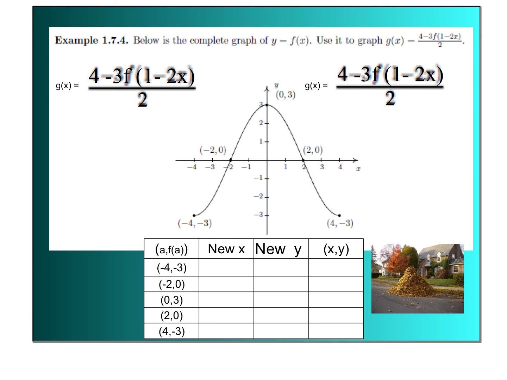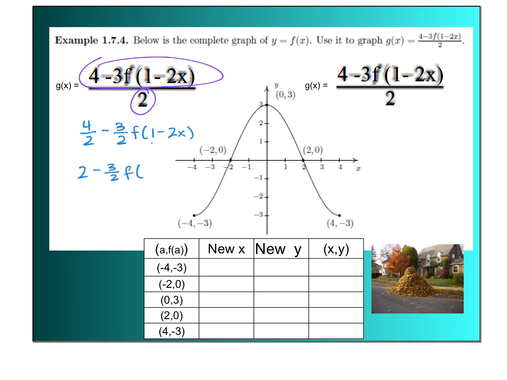Similarly, if you see a division like this, where the function rule here is all being divided by 2, make sure that you apply that division of 2 to every single term. So feel free to rewrite this function dividing everything by 2. So g(x) in this case, I would rewrite as 4 divided by 2 minus 3 halves, 3 divided by 2, times this function f(1 - 2x). 4 over 2 simplifies to 2. 3 halves, I'm going to leave as 3 halves.